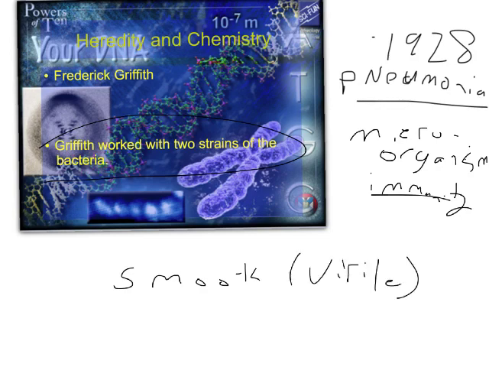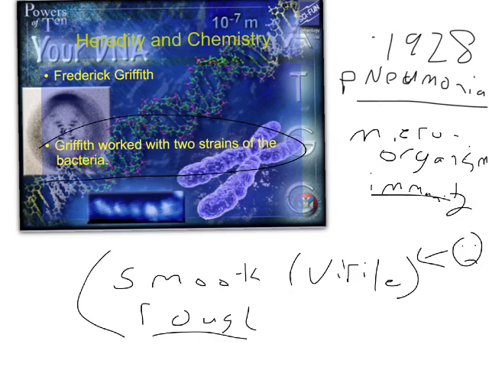In other words, if you had this, you wouldn't feel very good. The second kind lacked the protein coat, and we call that the rough. The rough lacked the protein coat and did not cause the disease. So that's his basic experiment, working with a vaccine, with 2 different strains of it. Let's see what he did.